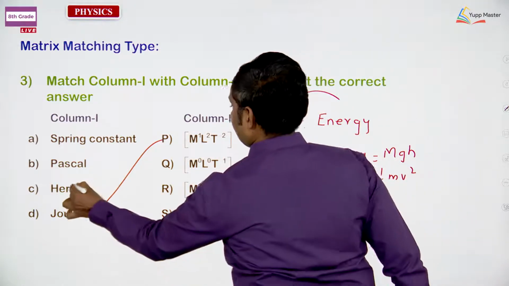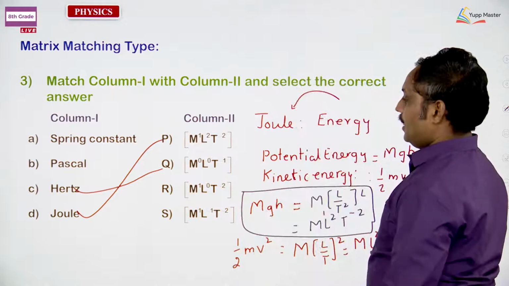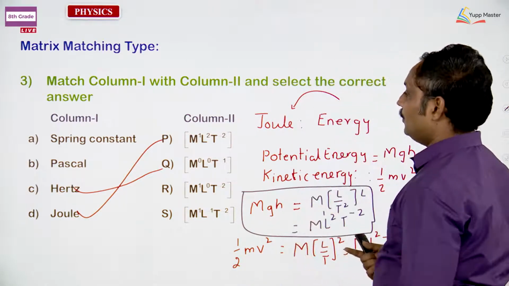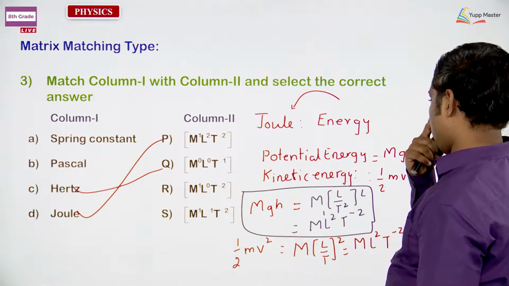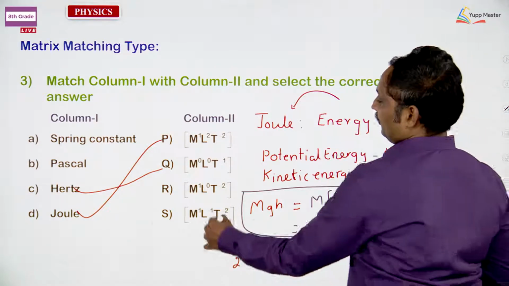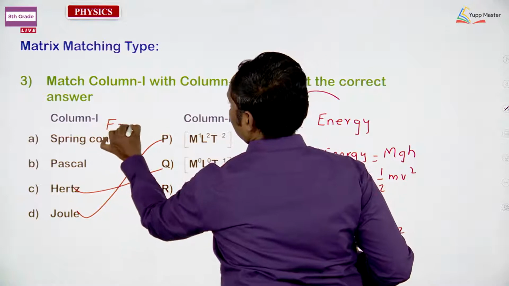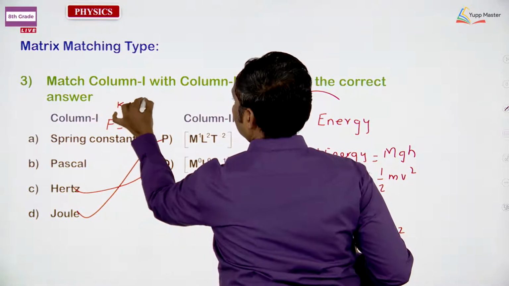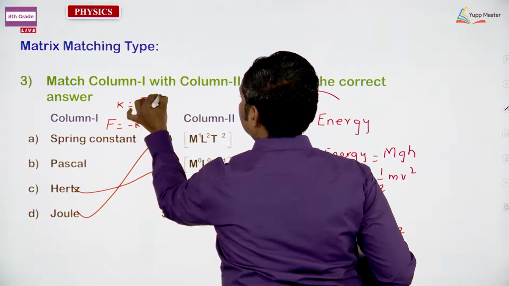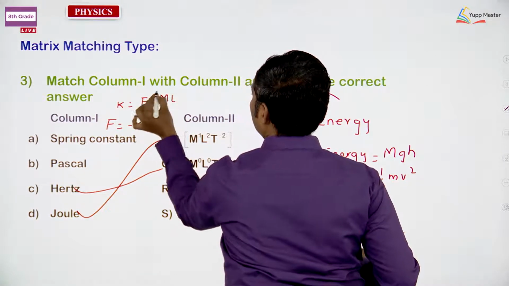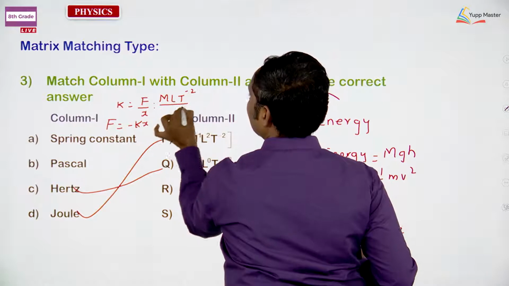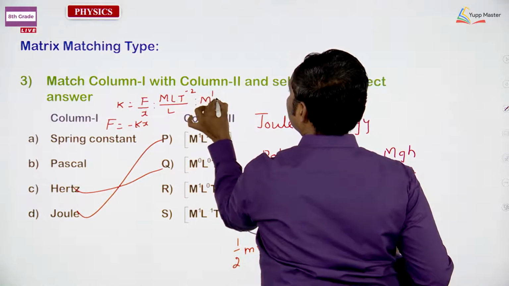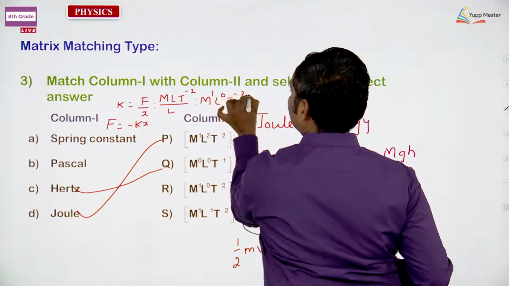And spring constant, that is F by x, you can take F is equal to spring constant. Simply you will find out that F is equal to minus Kx. K is equal to F by x, that is m L T minus 2 by L. You will take m power 1, L power 0, T power minus 2.